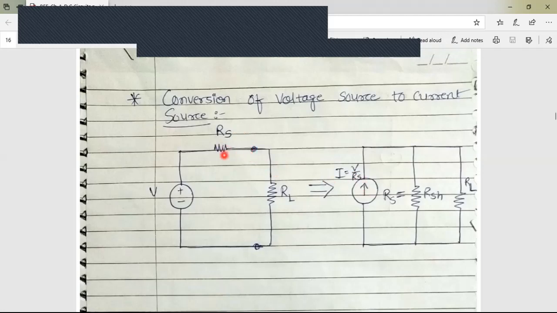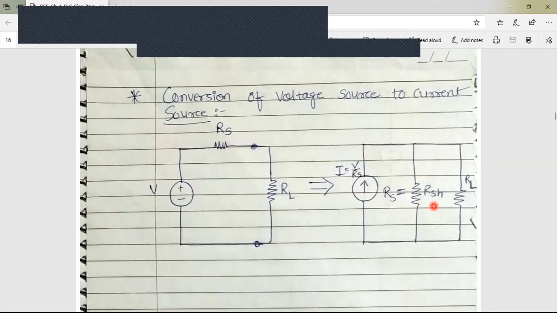And this series resistance now comes in parallel with this current source, and the load resistance remains the same. So this is the conversion of a voltage source in series with a resistance to a current source in parallel with the shunt resistance. Rsh stands for shunt resistance.